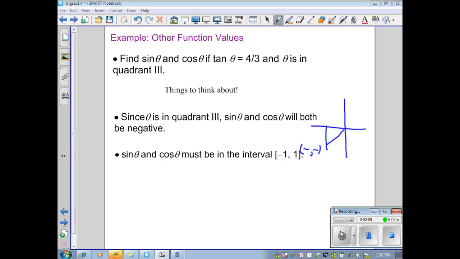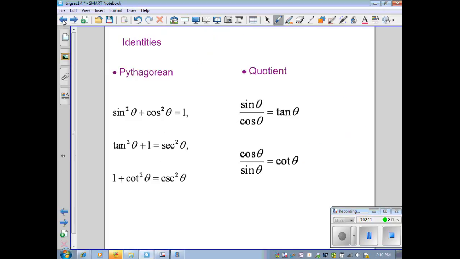So let's go back a page and take a look at the identities. On the right, the quotient functions look like they're going to work, but they have all three in there, sine, cosine, and tangent. And of course, we don't want to bring in a cotangent because that's not part of our problem. The first Pythagorean identity shows sine and cosine, which has a chance, but we're still dealing with a tangent theta.